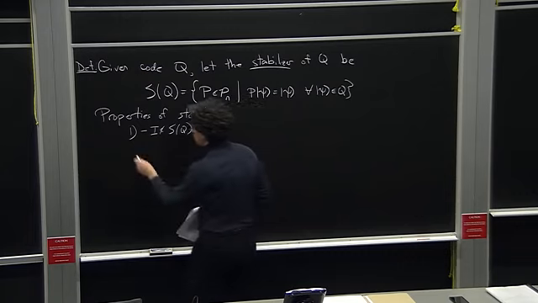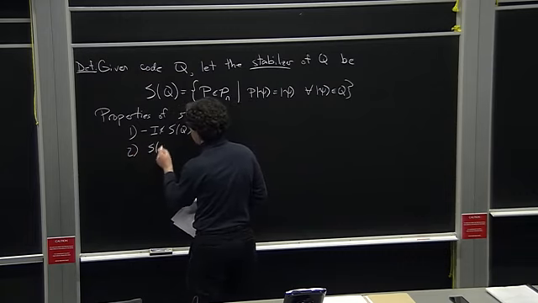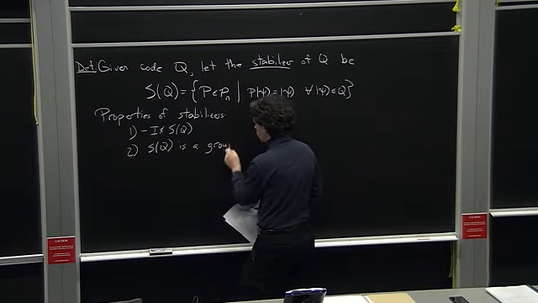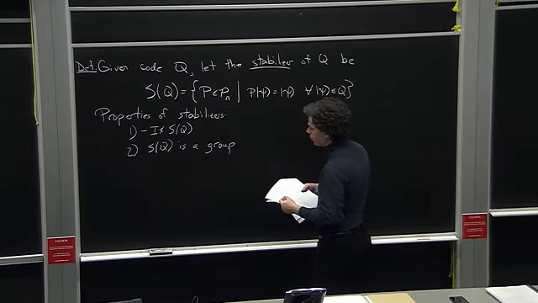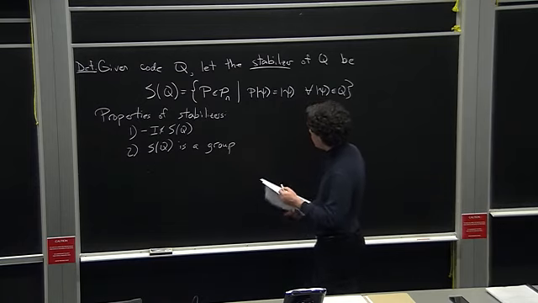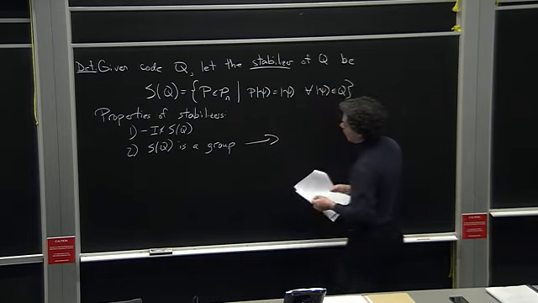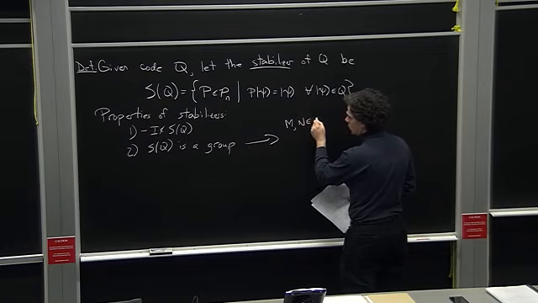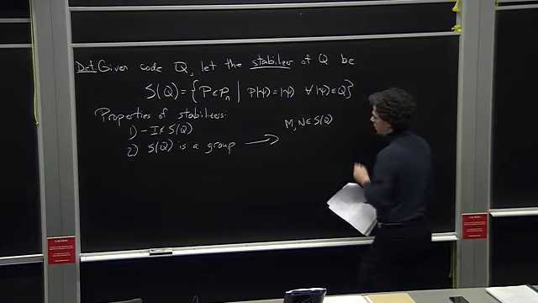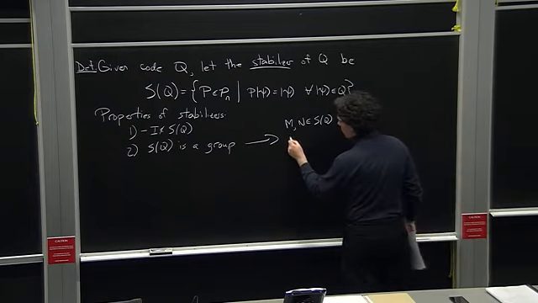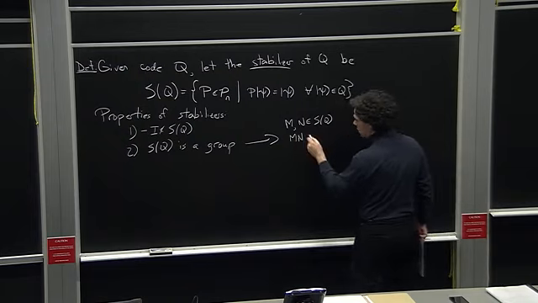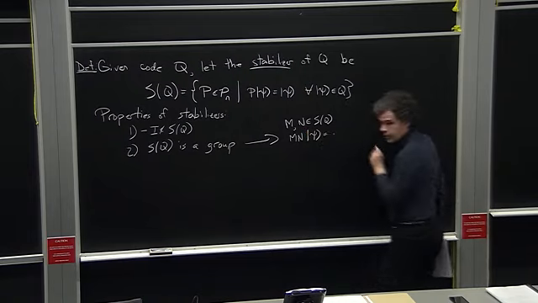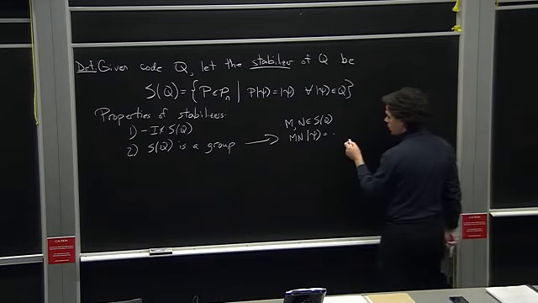So the second is that the stabilizer is a group. So why is that? Well, if M and N are in the stabilizer, then MN applied to psi is, well, N applied to psi is psi by this property.